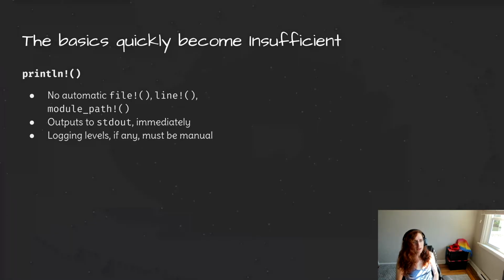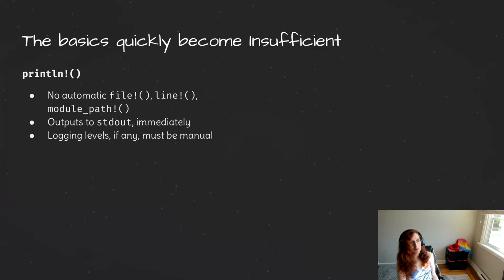When you're first starting out, the basics quickly become quite insufficient. It's frequently the case you start with println, but that doesn't really offer you a lot of support. It doesn't show you, for example, files or lines. It doesn't show you module paths. You have to set all those yourself.